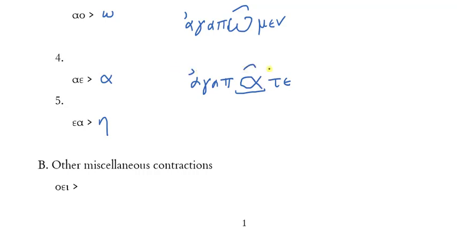Agapate. Okay? So you all love. All right. The example he gives from number 5 is really not something we're going to see for a while, so I won't exemplify that. Just be aware that these two go together, and the eta will be produced if the epsilon comes before the alpha.